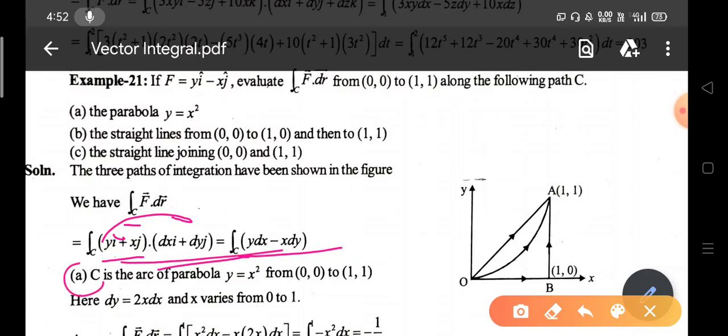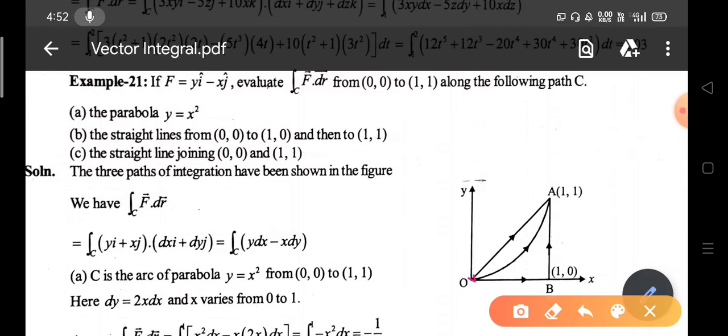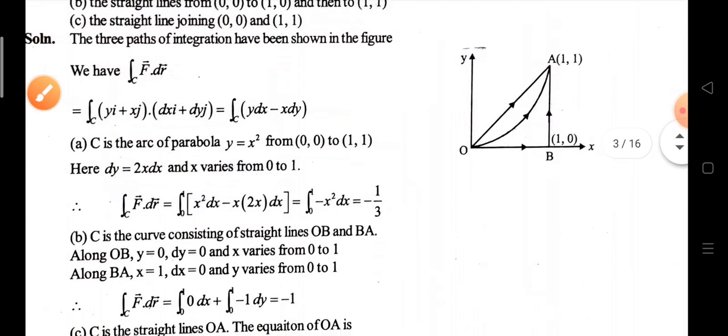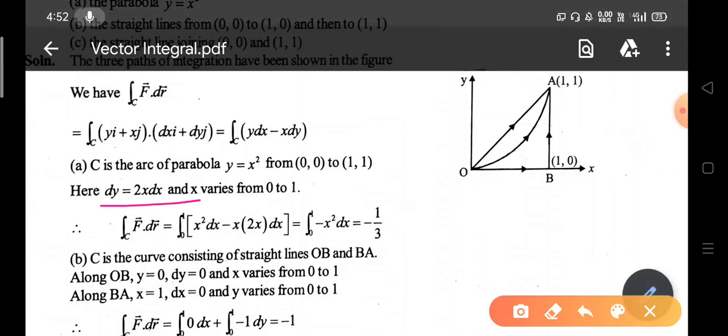So first take the parabola. The parabola, that is y equals x square, goes from the point (0, 0) to the point (1, 1). So dy is 2x dx, because y equals x square, and x varies from 0 to 1.